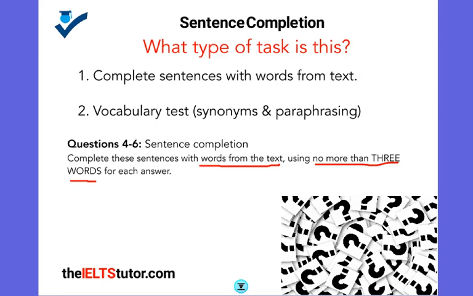Okay, now we're going to take a look at some exercises related to synonyms and paraphrases, because what happens is that you will find synonyms in the question, or certain words in the question, and you have to find the synonym or a paraphrase in the text to answer this question or to complete the sentence.